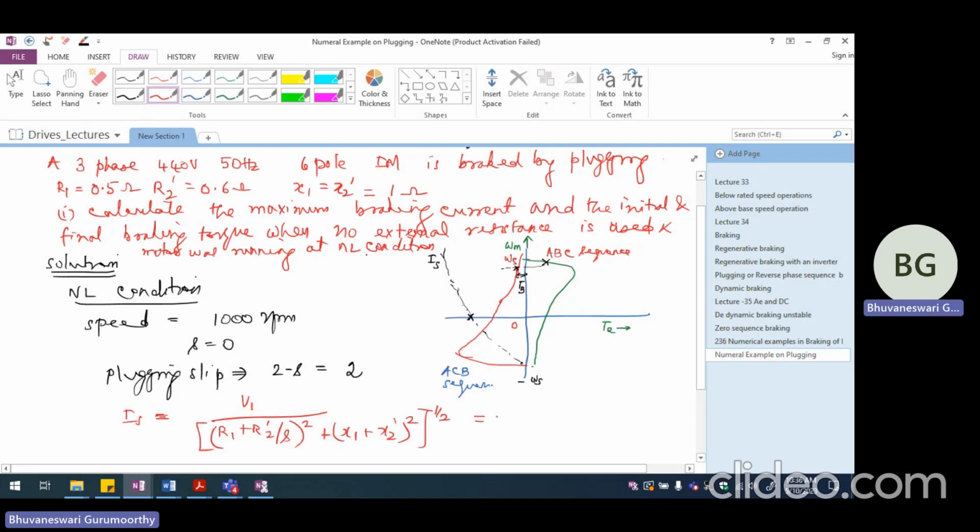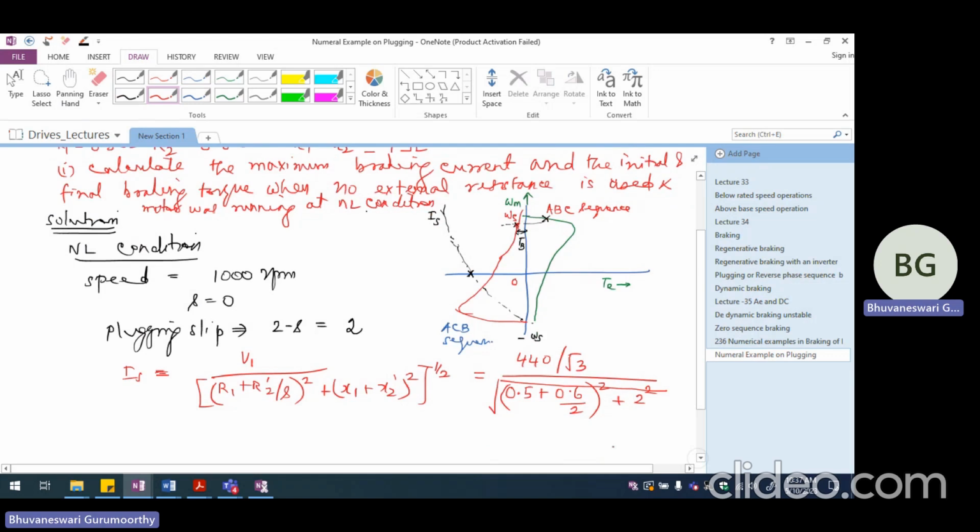Under that condition, I can write this as 440 divided by root 3, this whole thing divided by R1 is 0.5 and R2 is 0.6 and slip is 2. So I should be able to write this as 0.6 divided by 2, this whole square, plus X1 plus X2 dash, 1 plus 1, 2. So 2 square, which is 4. Now we have to take the square root of this.